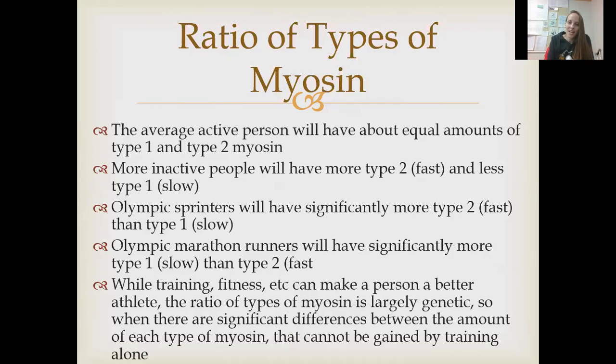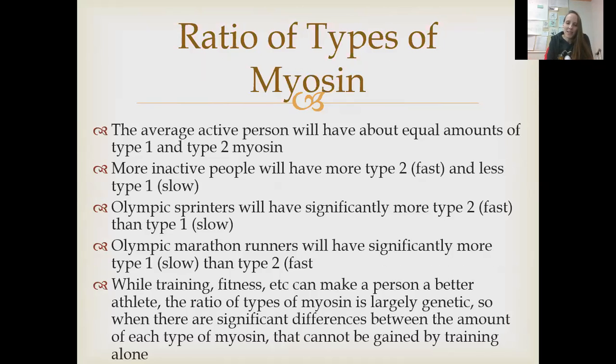The average person does have about equal amounts of the fast and slow twitch muscle fibers. People who are more inactive tend to have more of the fast twitch and less of the slow. Olympic sprinters have way more of the fast twitch muscles, whereas marathon runners in the Olympics have way more slow twitch muscle fibers.